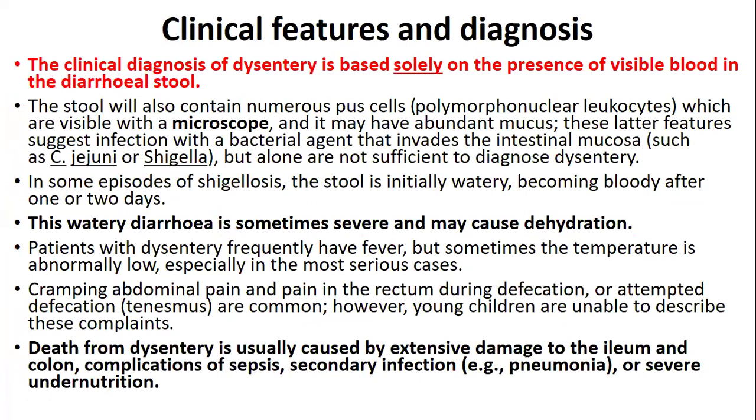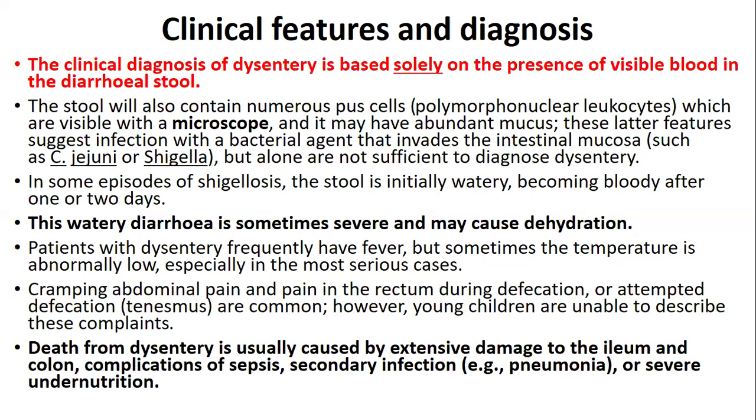The clinical diagnosis of dysentery is based solely on the presence of visible blood in diarrheal stool, which can be identified during diagnosis using diagnostic tools in the lab, such as the microscope.